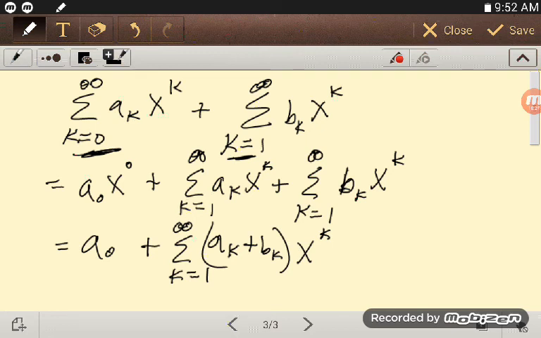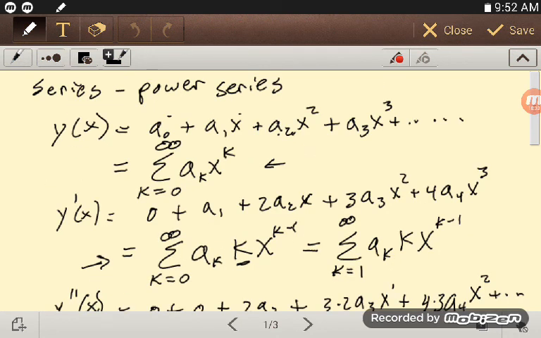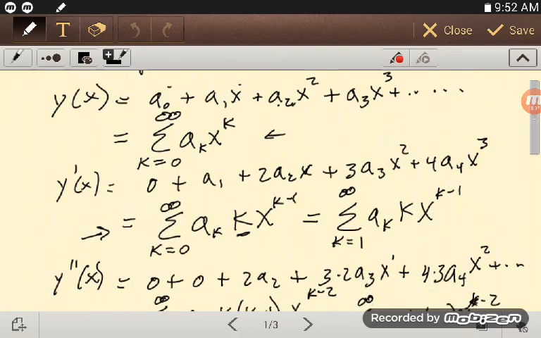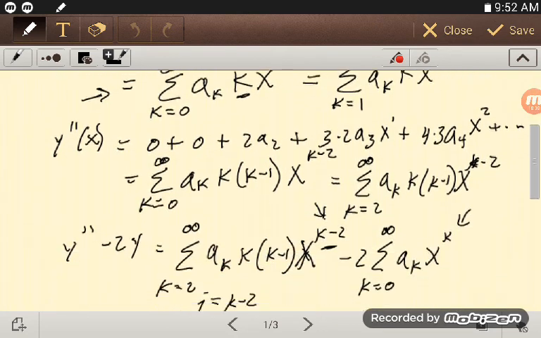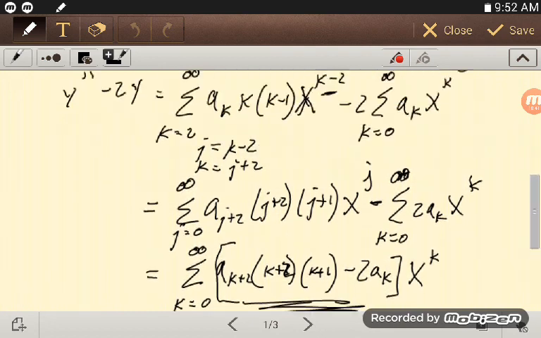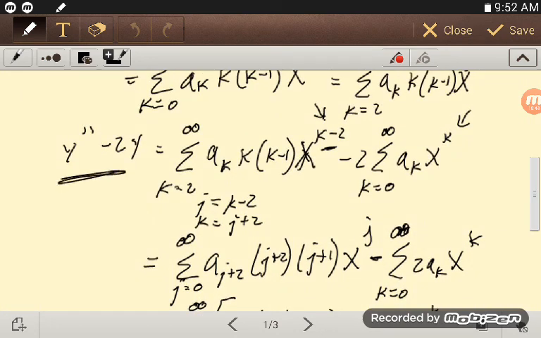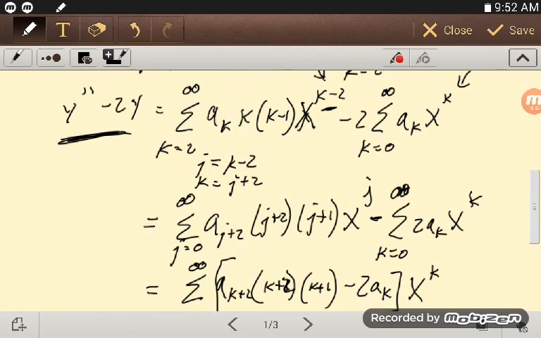Okay, so this is the basic idea of what we're going to need to do with these series. So power series, we can take derivatives, and then once we have those derivatives, we could substitute them into an expression like this, and then get the exponents to match up on the x's, so that's what we need to do first.